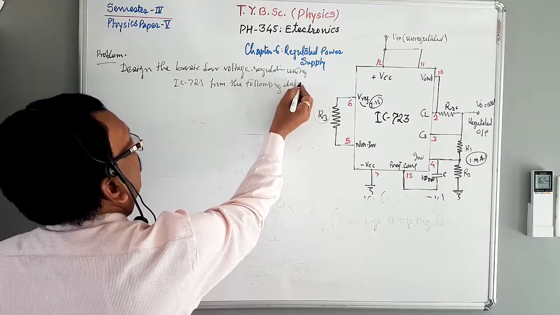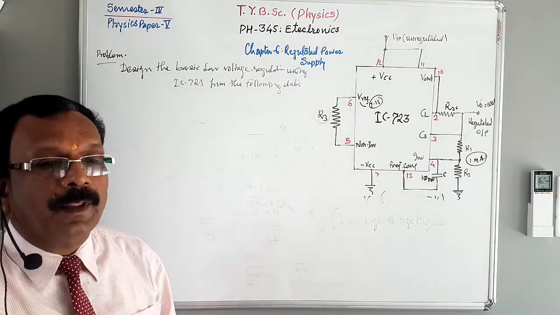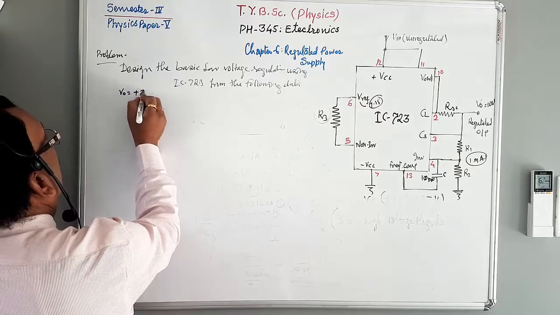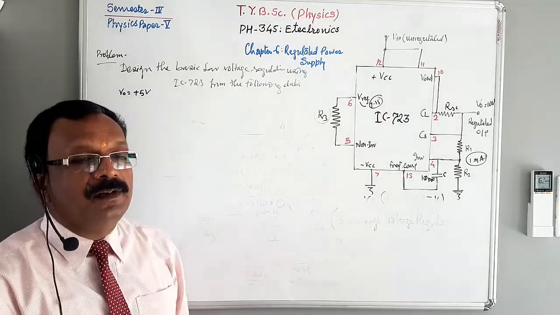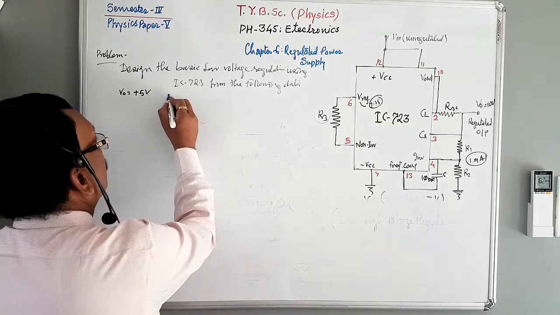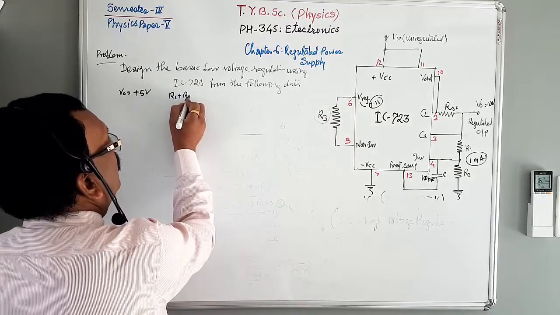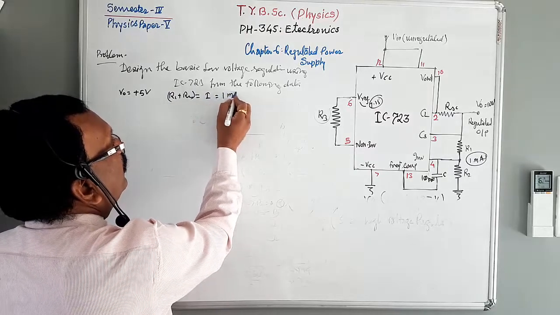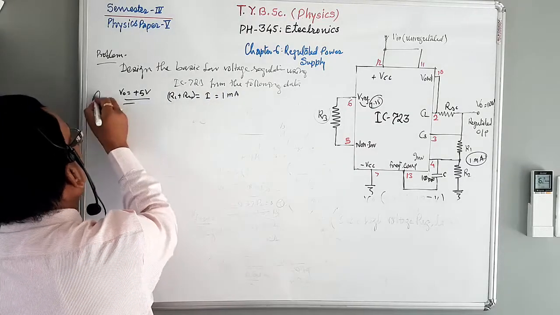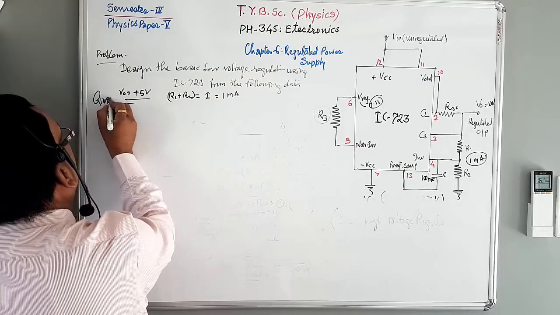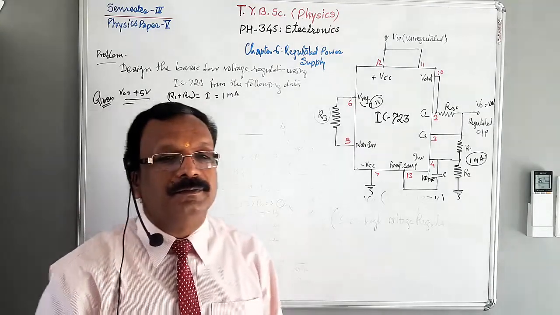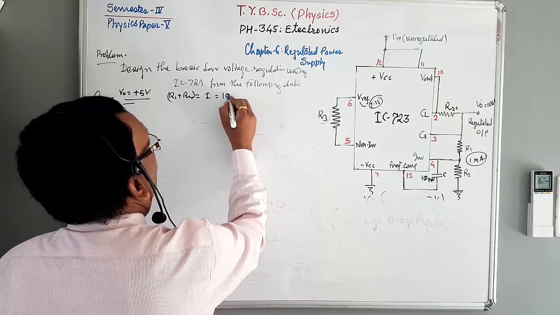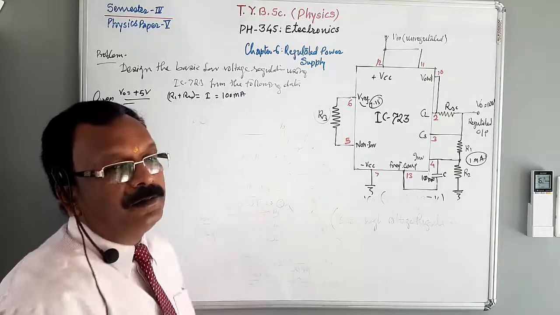What is the data? In this circuit, V output is equal to plus 5 volt is given, and the current flowing through R1 plus R2 is equal to I is equal to 1 milliampere. These two things are given. Sorry, not 100 milliampere.